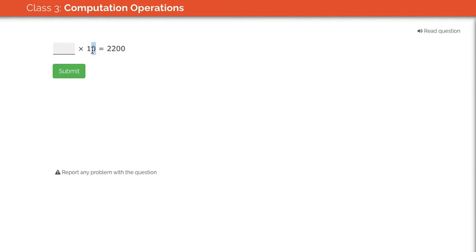So if we multiply anything by 10, it's just like adding 1 zero at the end. So if we remove this 0, what will the number be? So the number will be this. 220 multiplied by 10 is equal to 2200.